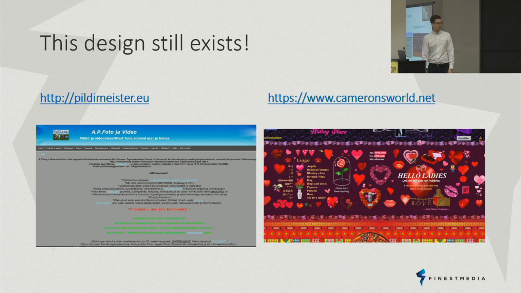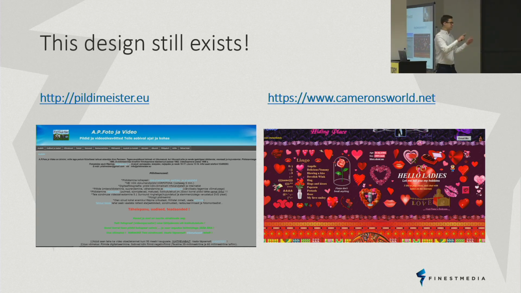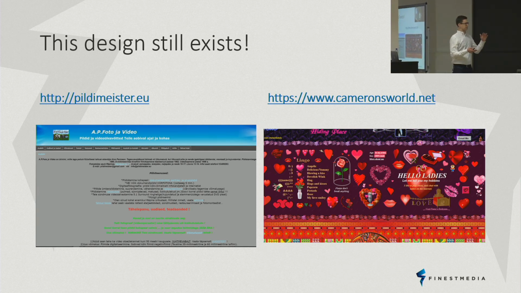And from the right side, you can see Cameron'sWord.net that is, I think, from the beginnings of 2000s. Then it was really popular to put moving things on the page and a lot of elements, so it had to be really mixed up. This is currently only a short screenshot from the whole page.